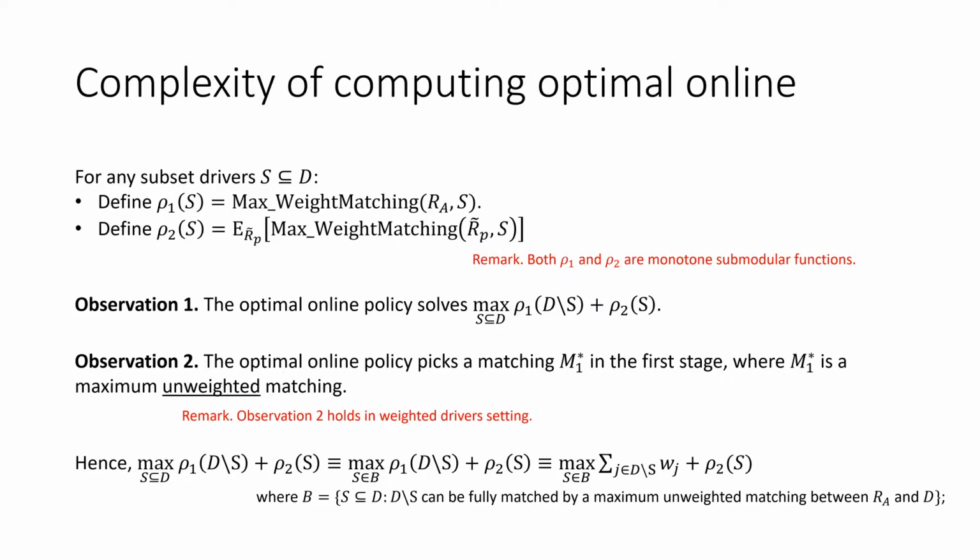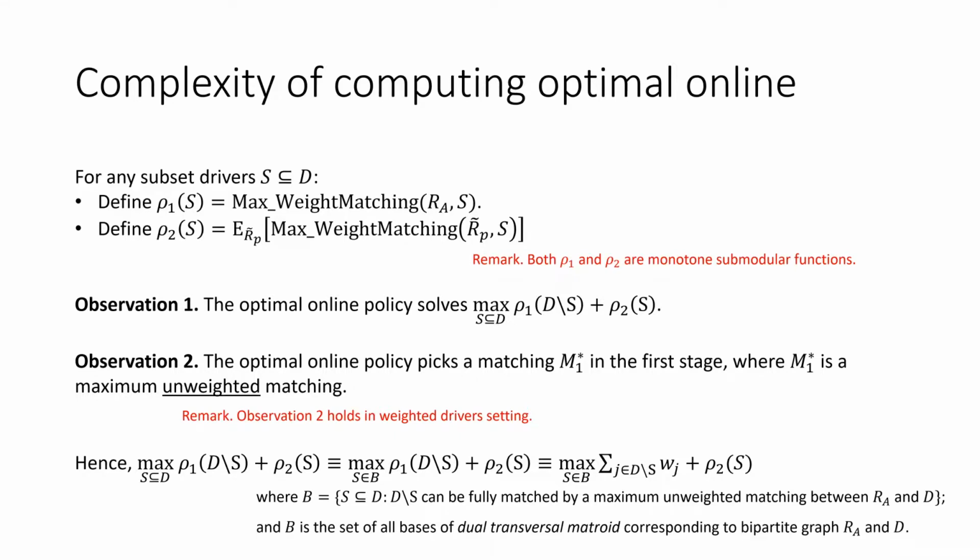We say a subset S is in B if and only if all the drivers in D minus S can be fully matched by a maximum unweighted matching between RA and D. Because of this definition, rho 1 of D minus S equals the summation of the weights of the drivers in D minus S.